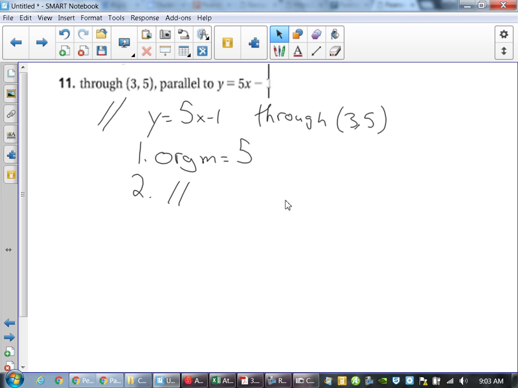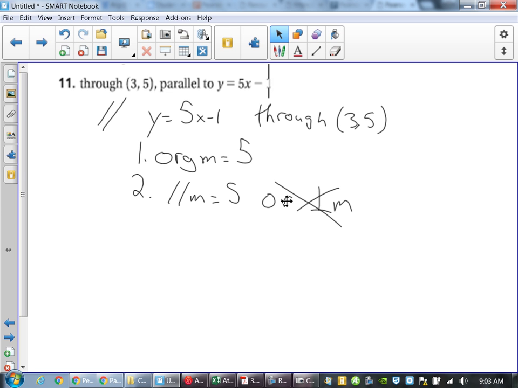Is it a parallel or a perpendicular problem? It's a parallel problem, so I don't do this. So what's parallel to a slope of 5? 5. Good. What would be perpendicular to a slope of 5? Negative 1/5. Very good. Remember, when you're doing perpendicular, you change the sign, flip the fraction.